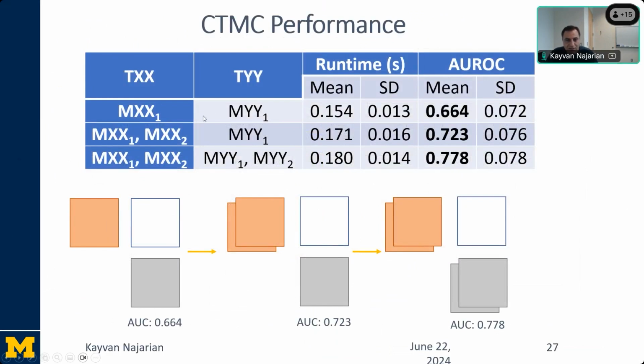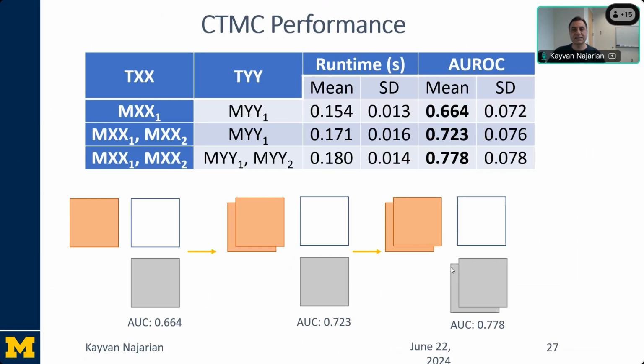If you have just matrix completion, you get some value, like the mean AUC is this. But if you add additional information, it will go higher. Additional information being a couple of matrices on drug. And now if you have a couple of matrices on target, it goes even higher. It gets a bigger AUC.